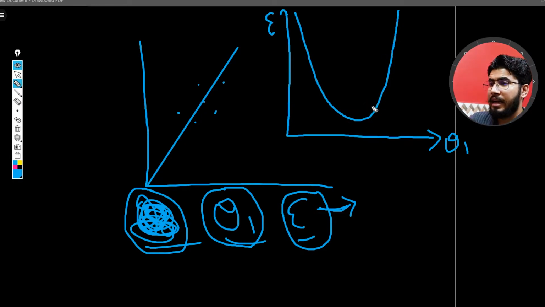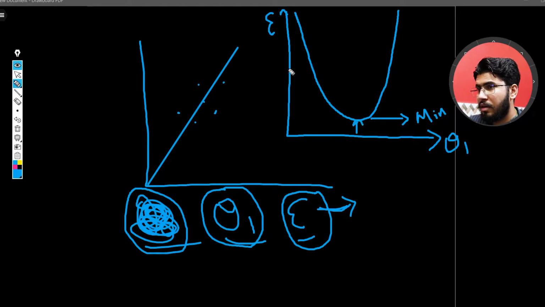As you can see here, the error will decrease, and this is the minimum error that you can get. Basically, the error will decrease when theta 1 increases.